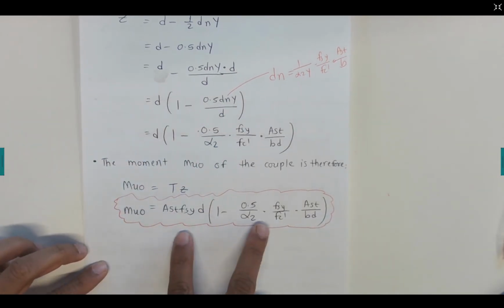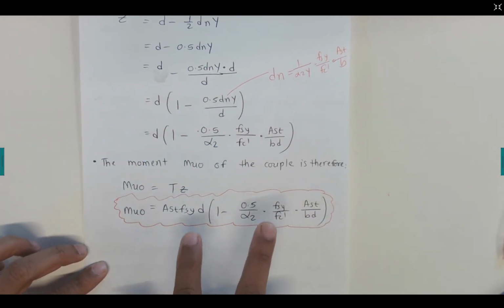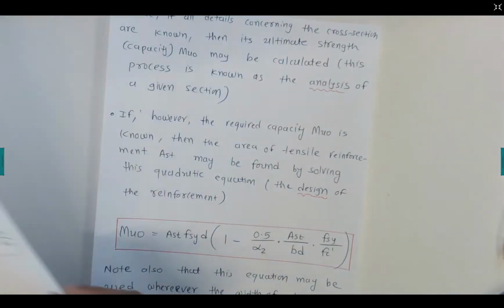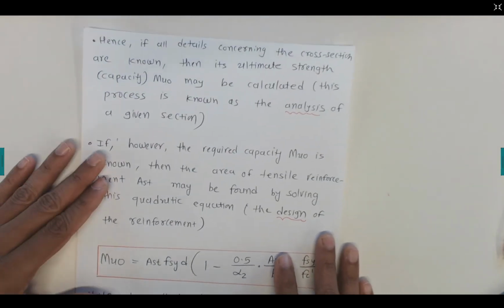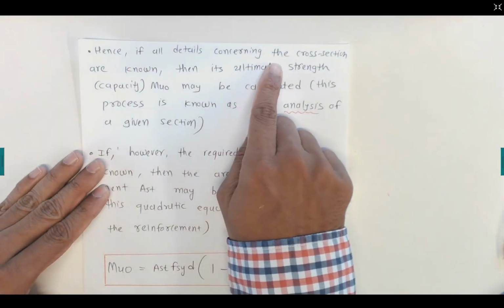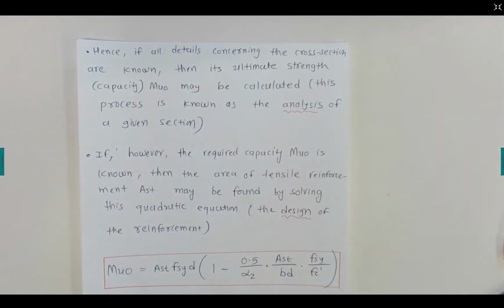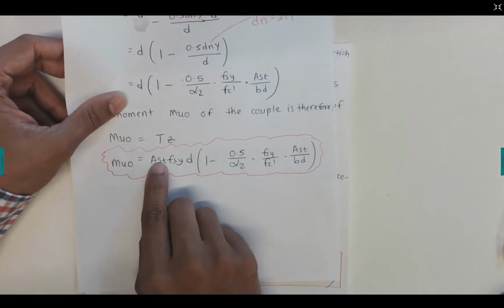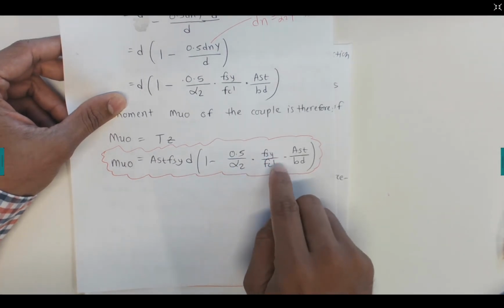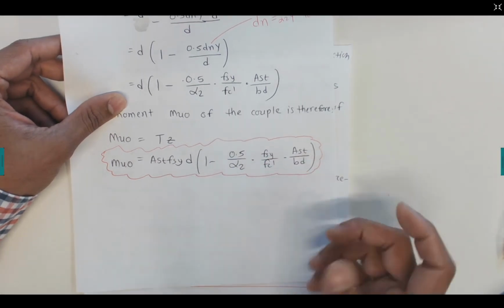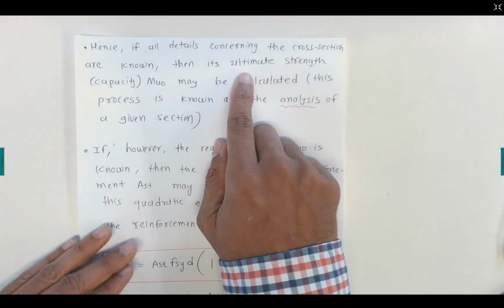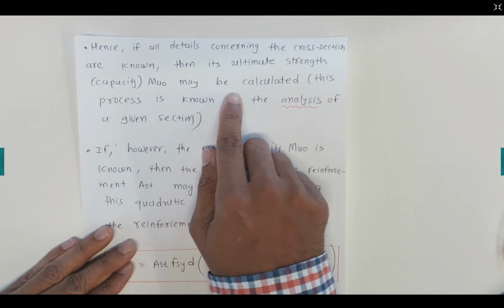So this is the equation to calculate the moment capacity of an under reinforced section. Now a couple of notes based on these equations. If all the details concerning the cross section are known, for example Ast, fsy, d, alpha 2, which we can get from the standard, f'c, Ast, b, d, it's all given except Mu, then we can calculate the ultimate moment capacity Mu.